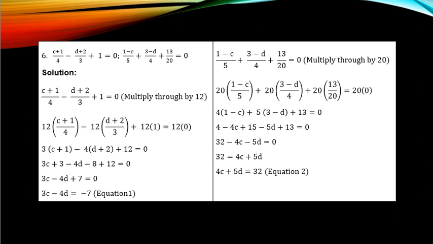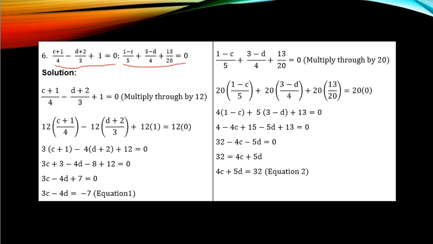Example 6. You have c plus 1 over 4 minus d plus 2 over 3 plus 1 equal to 0. 1 minus c over 5 plus 3 minus d over 4 plus 13 over 20 equal to 0.